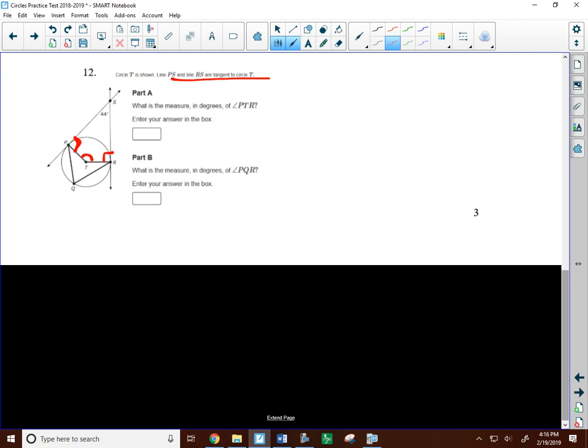Same over here. That's tangent, radius, right angle. And so in the quadrilateral, we can subtract from 360. Subtract 90, subtract 90, subtract 44. And we're going to get 136. And so that's the answer for part A.